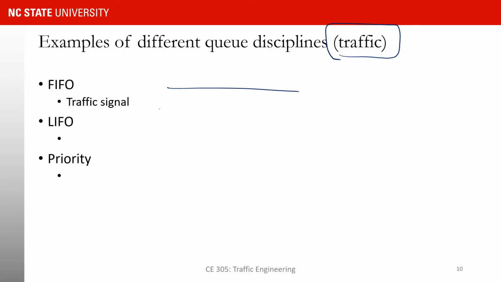So you have a condition like this. Here I have a traffic signal, and here I have vehicles that are stopped. So this is the first vehicle in, and when the signal turns green, this is going to be the first vehicle that's going to be out.